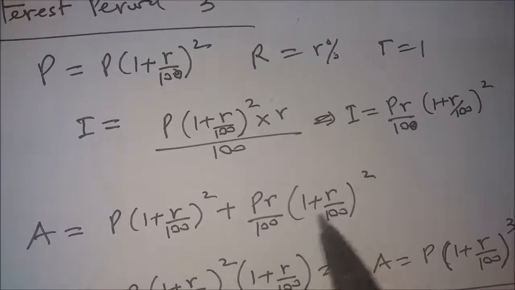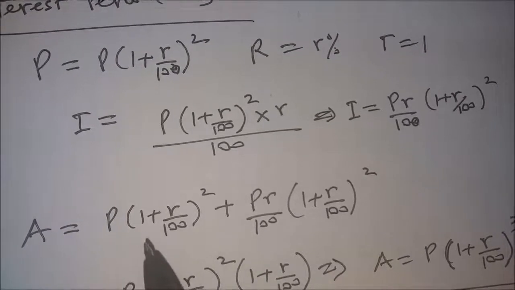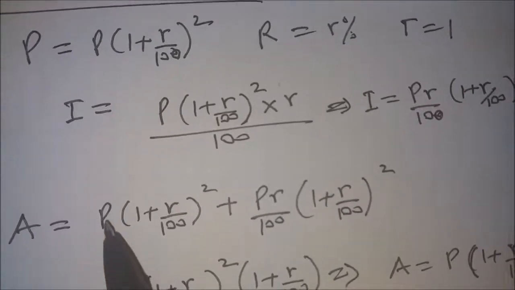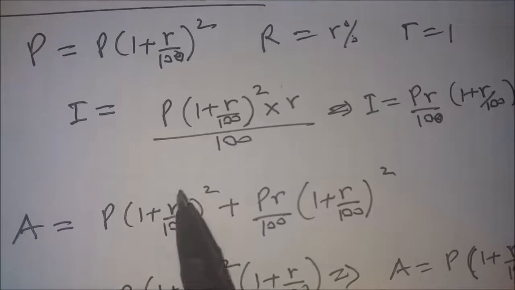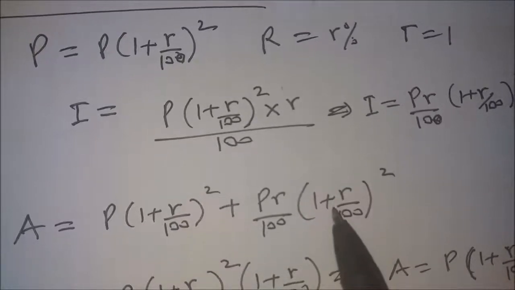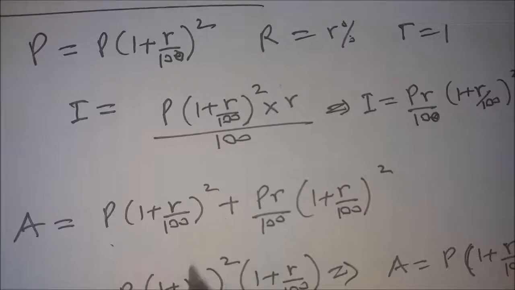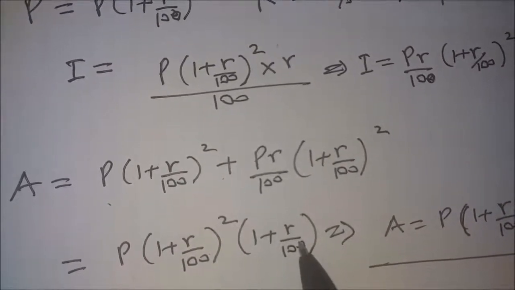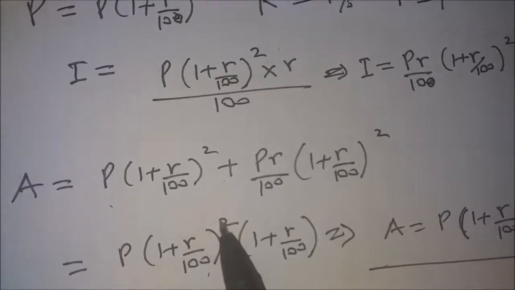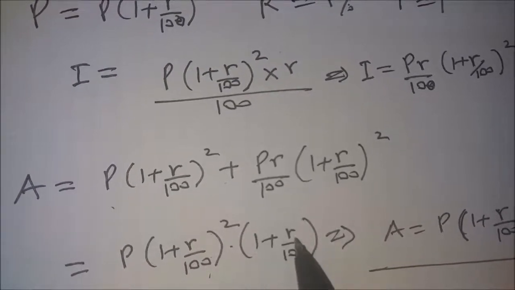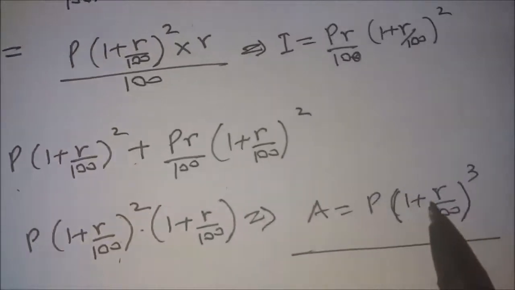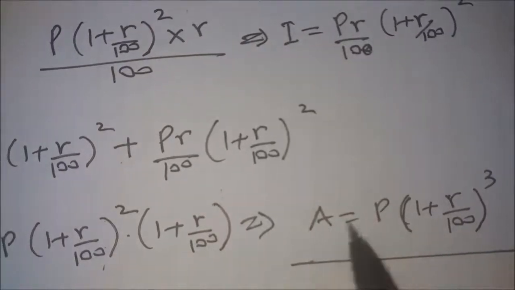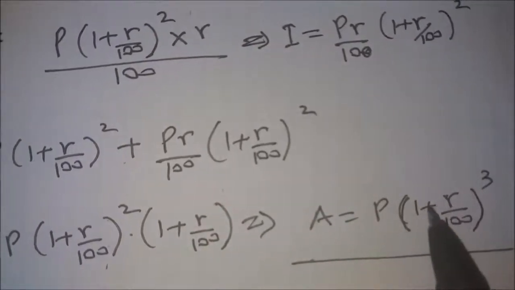It's simple. So we simplify it by factorizing what is common. So we inspect it and we can see P into 1 plus R over 100 all squared is also here. So we shall factor this one outside, and we remain with 1 plus R over 100 inside the bracket. So 1 plus R over 100 all squared times 1 plus R over 100 power 1 will become 1 plus R over 100 power 3. So this is the amount at the end of period 3.